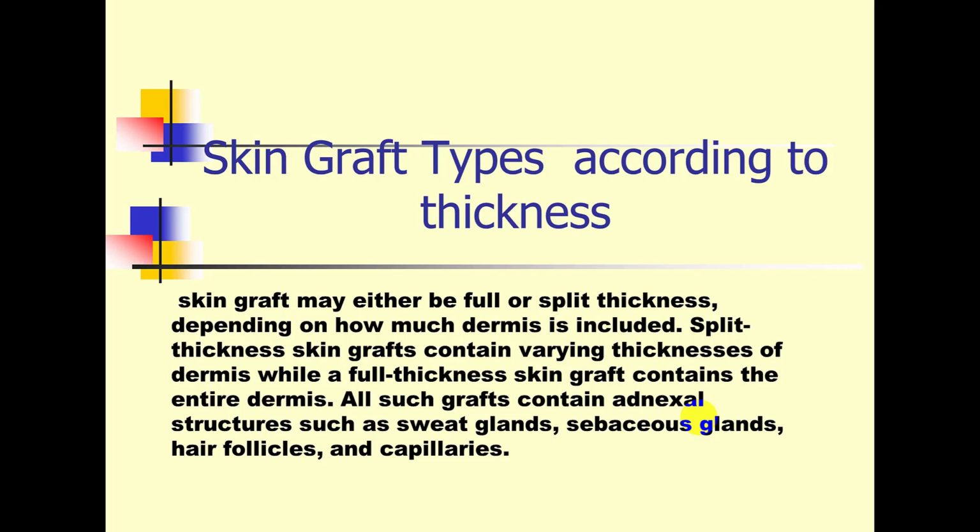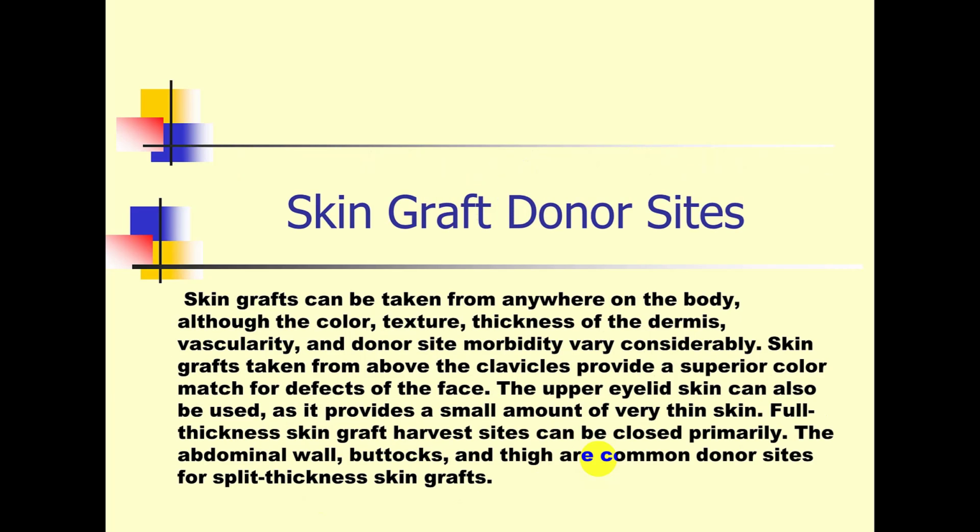Whatever the type of skin graft, it contains not only the dermis and epidermis, but also the adnexal structures like the sweat glands, sebaceous glands, hair follicles, some vascular elements, capillaries. How much of these appendages of the skin can be contained depends on the thickness of the graft, and also on the place it is taken from.